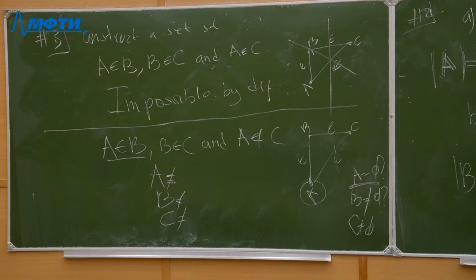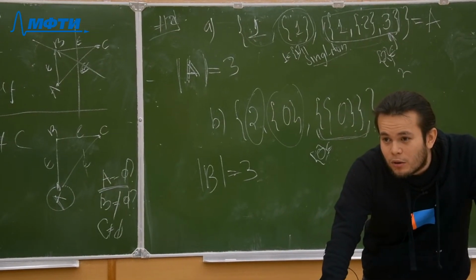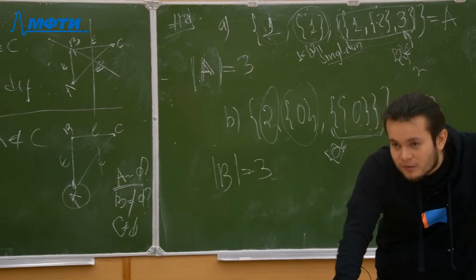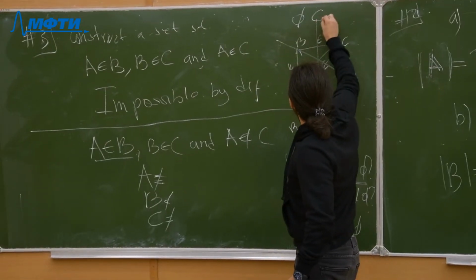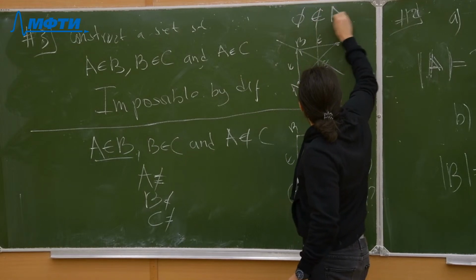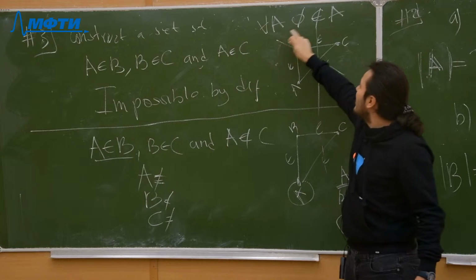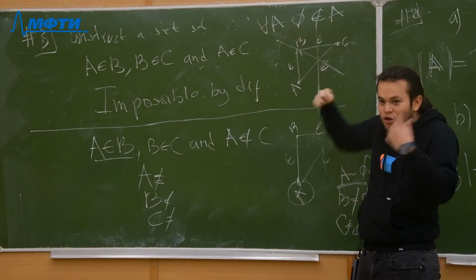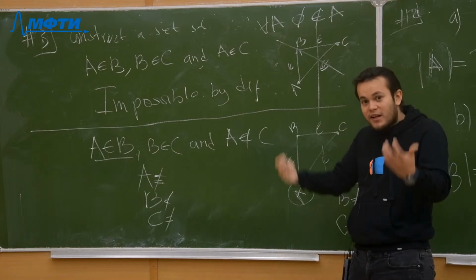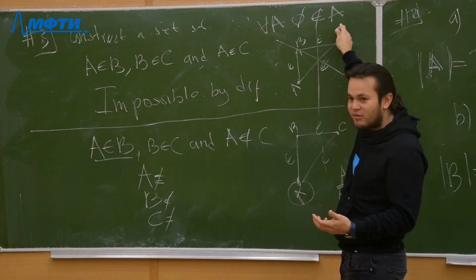Does the empty set belong to each set? No. Or is it a subset of each set? Yes. So the empty set doesn't belong to, for any set, the empty set is not an element of A. There are some cases in which it is an element, but in general, this is not true.